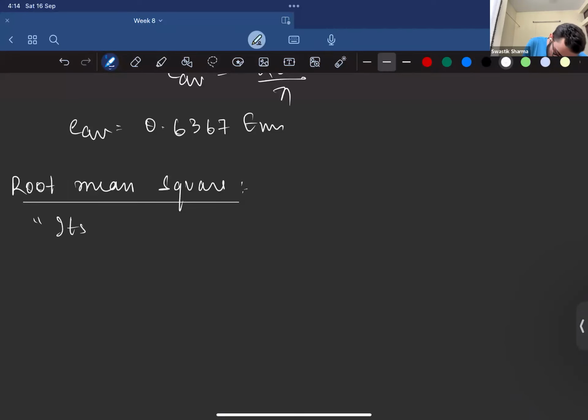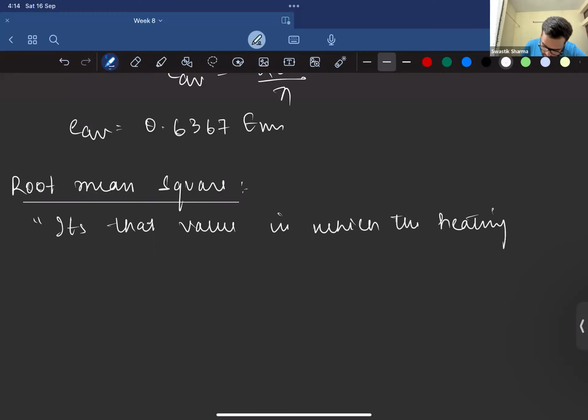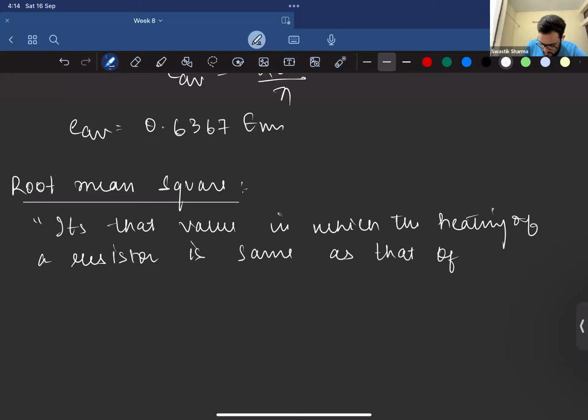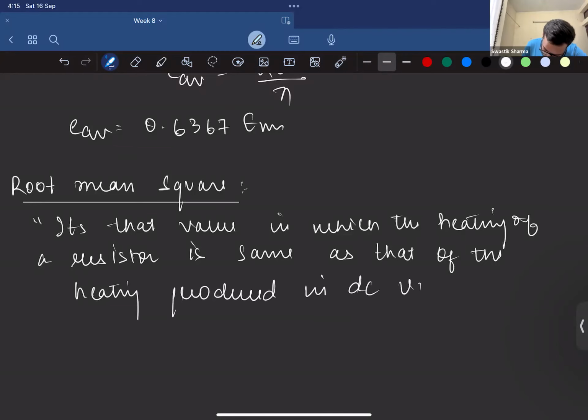It's that value in which the heating of a resistor is the same as that of the corresponding heating produced in DC value.